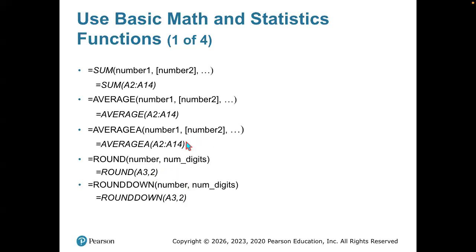So it's always going to round up if the digit after this 2 is 5 or greater, or down if it's less than 5. But if I always want to round down, or I always want to round up, well, there are functions for that. I could use the round down function or the round up function.